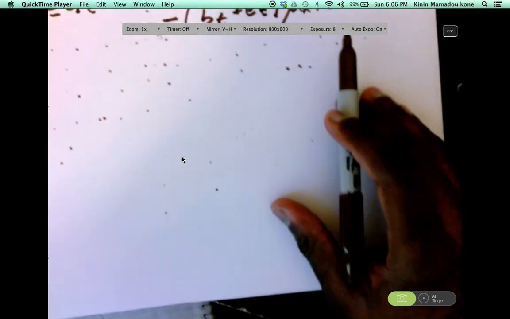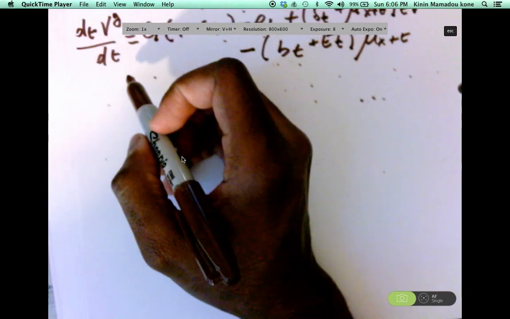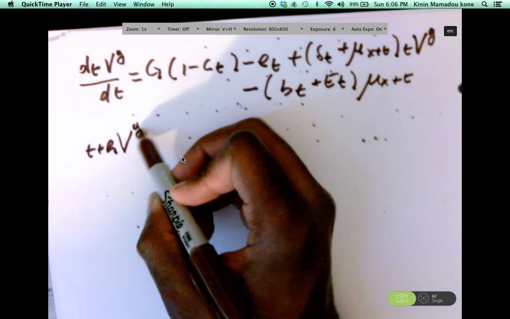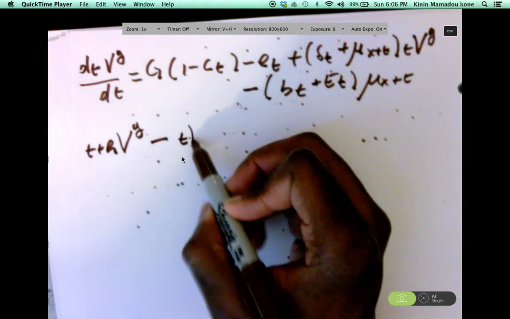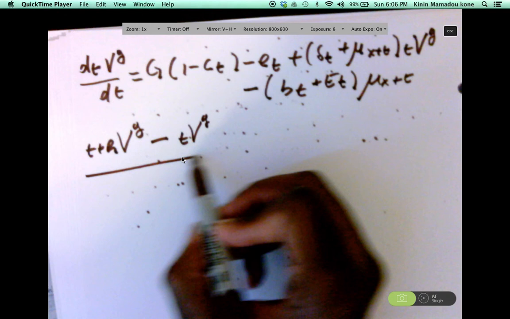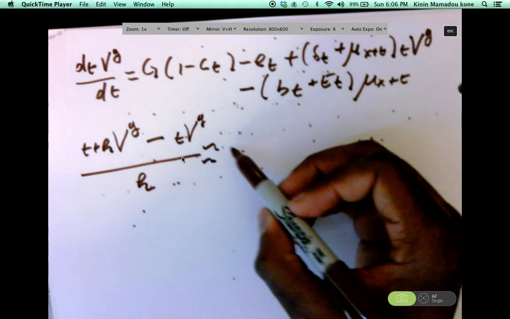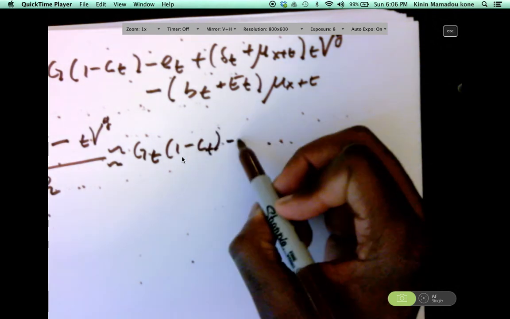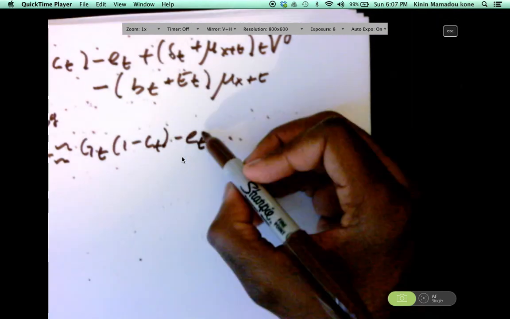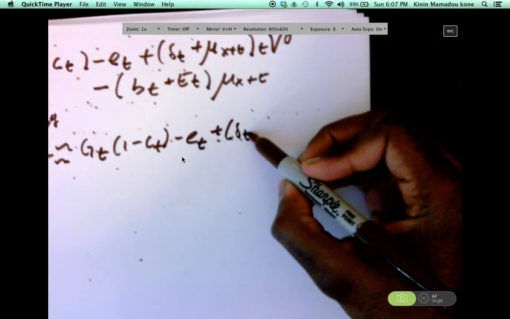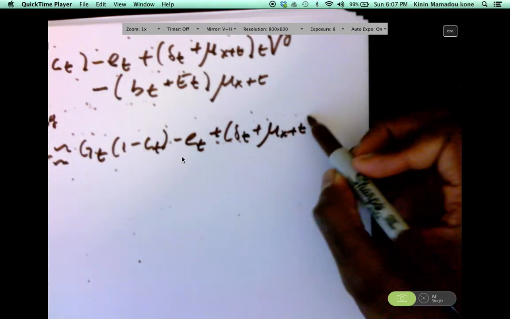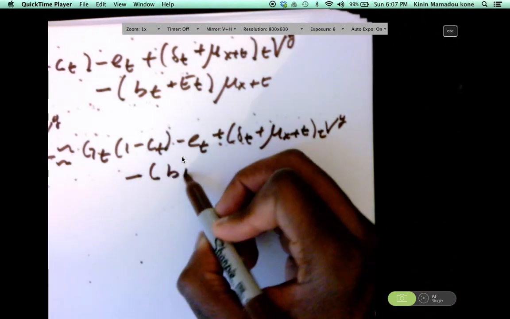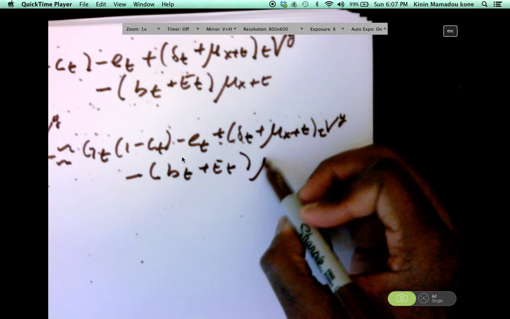As we did in calculus, you have the reserve at t plus h minus the reserve at t, over h, which is similar to the premium times 1 minus c_t minus e_t, plus interest plus mu times the reserve, minus the death benefit plus settlement expenses times mu.